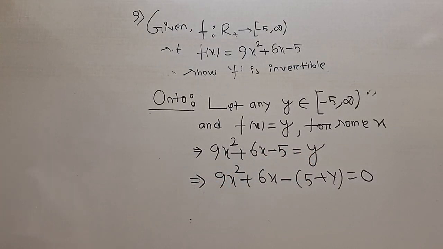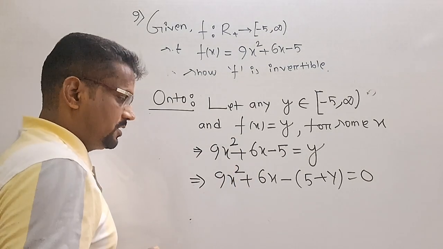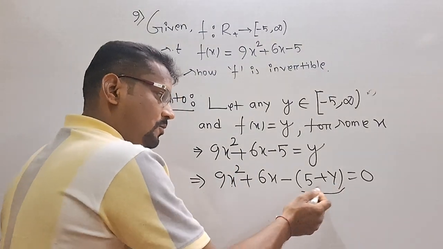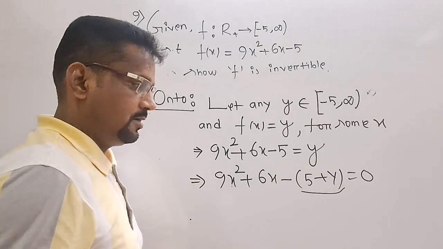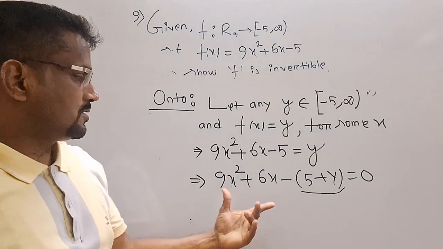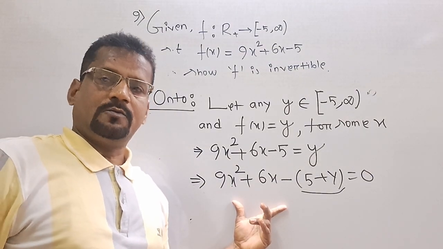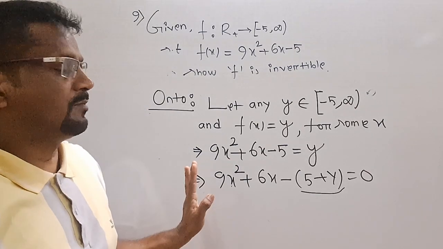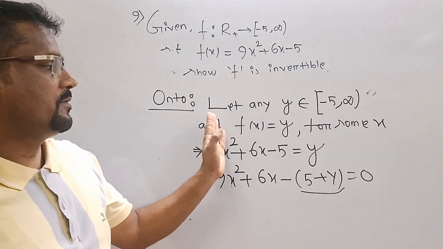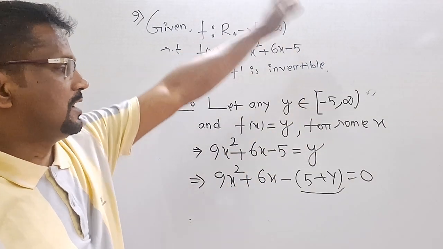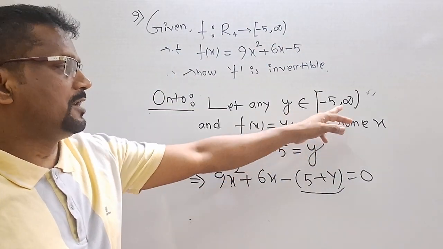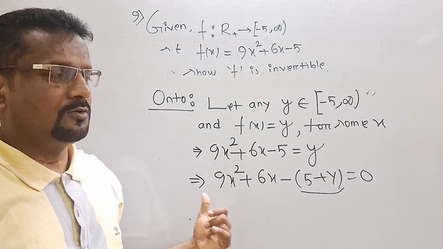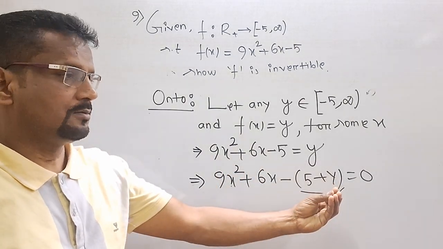You consider this as a quadratic equation in x and y as a constant. I repeat, here you have to consider this as a quadratic equation to find the value of x. As I told, in order to show some function is onto, consider f(x) equals y for some x where y is any element in the codomain, then try to find the value of x in terms of y.